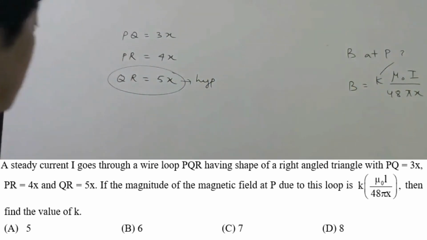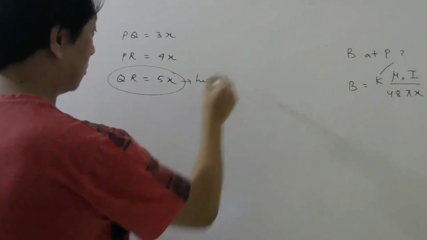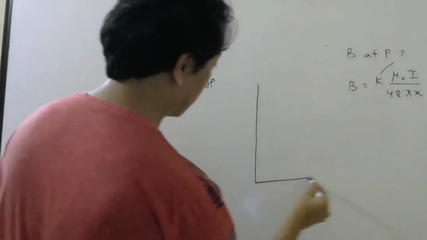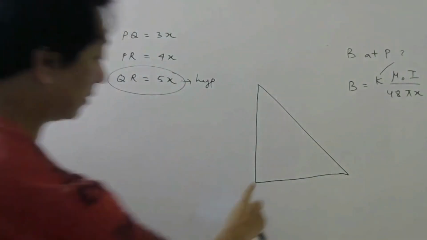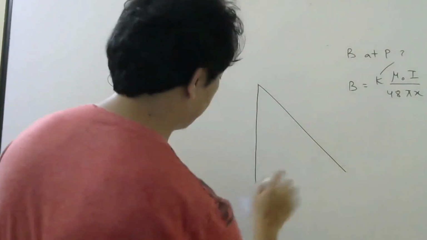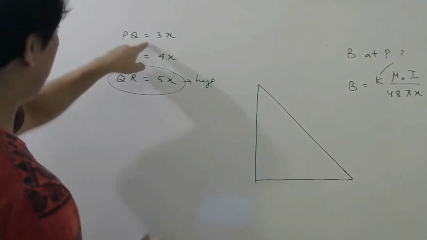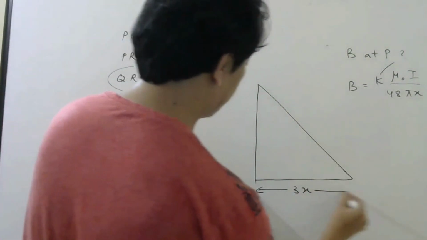So first let us draw the loop. Okay, let us draw a big diagram. Not very perfect. Now this shorter one should be 3x.